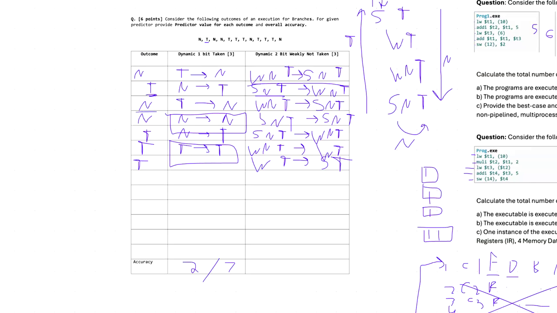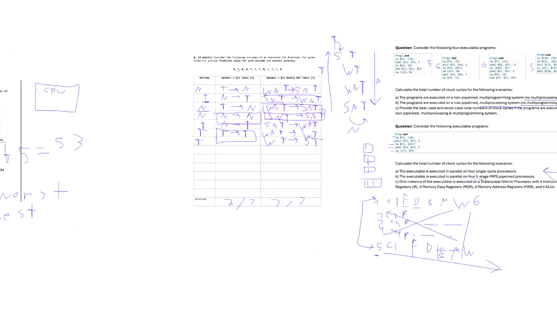This one is good. Strongly not taken, that's good. Strongly not taken actually was taken, no. Weakly not taken actually was taken, no. Okay, so this would have been 3 out of 7. Again, this is not the actual question, because we didn't do the rest of these, but at this point, now you kind of get how to do that.